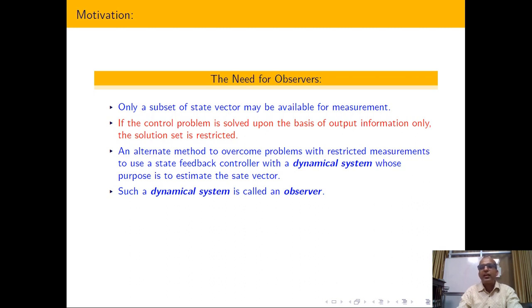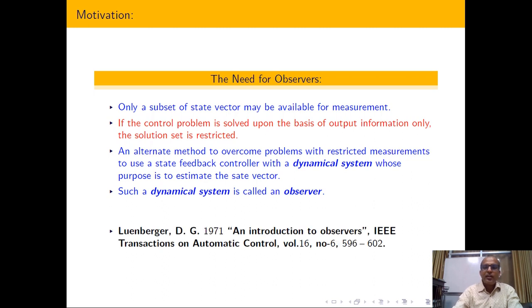If we make a control system based on the observer, we call it either an observer based controller or a dynamic output feedback based controller. So let us start the construction of that observer.